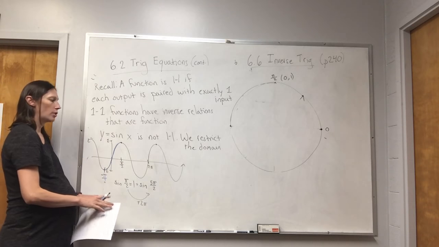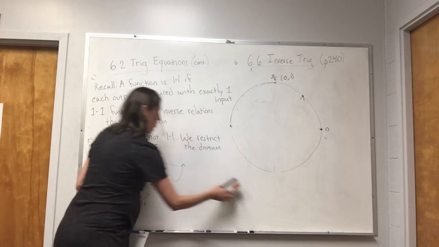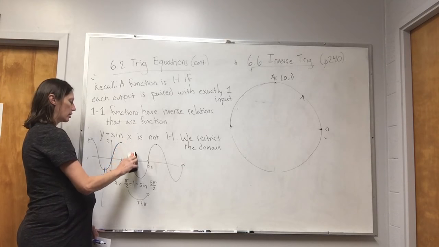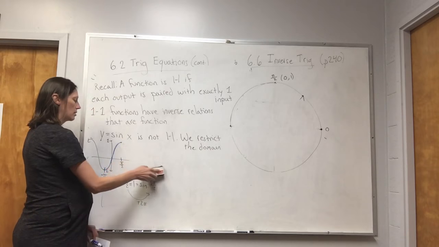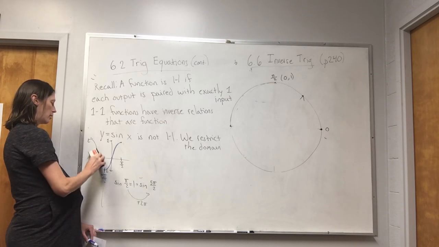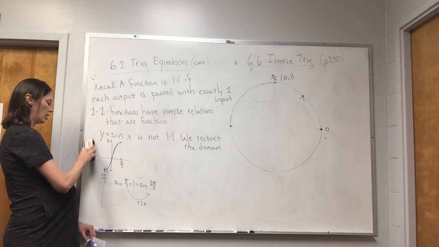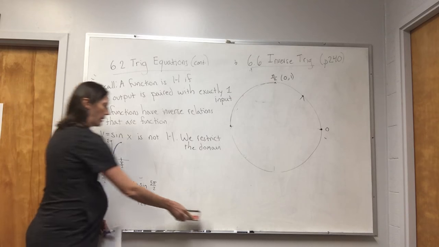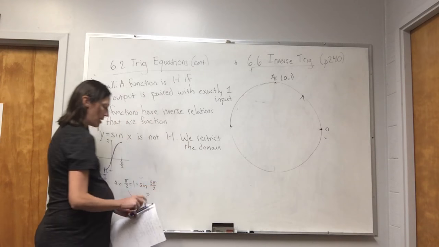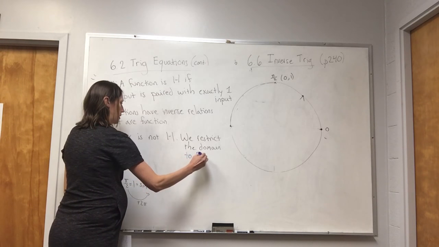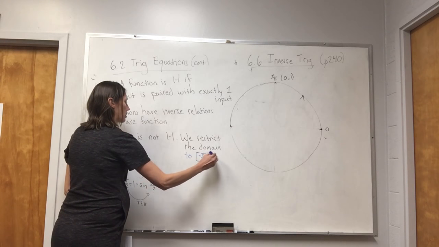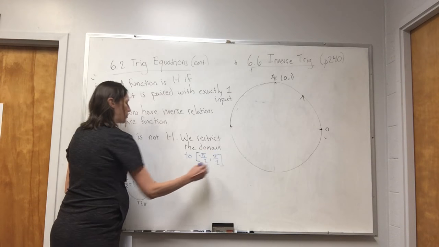Okay, so let me erase the parts that I'm no longer using. Right, if I'm talking about restricting the domain, I really only care about this blue section that I've highlighted. Okay, so when I said we restrict the domain, now I can say what we're restricting it to. Negative pi over 2 to positive pi over 2.